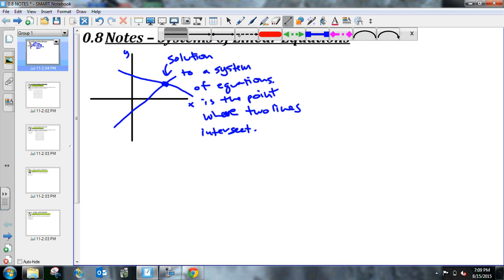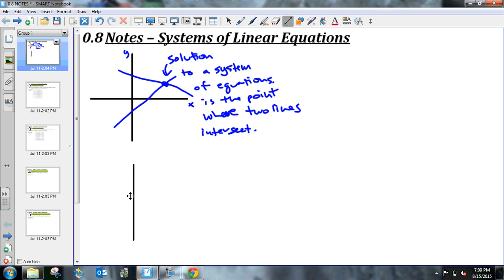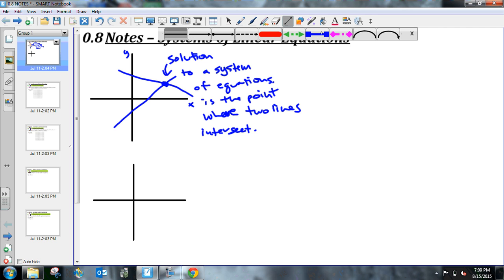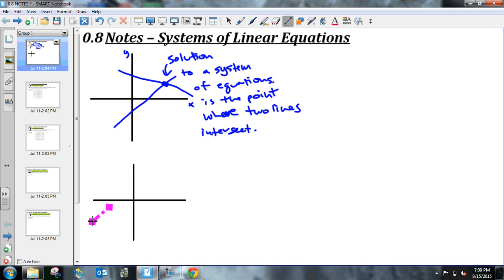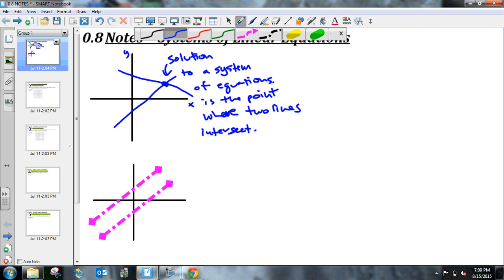Let's say, for example, that you've got two lines, and I'm going to use a different line up here, but I'm going to say that I've got this line here and this line here, and let's say that these lines are parallel. Okay, so these lines are parallel.